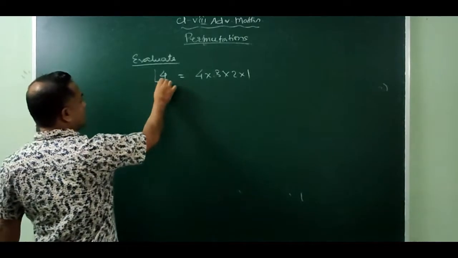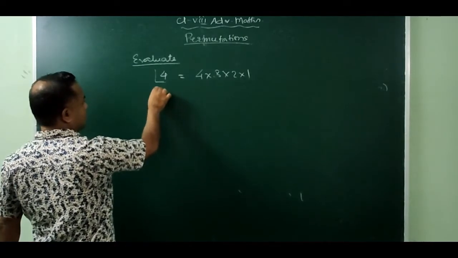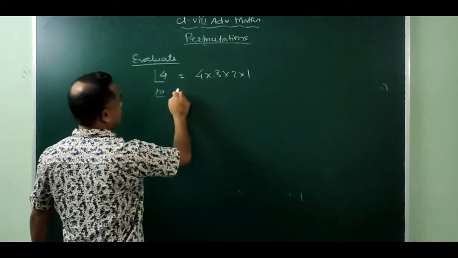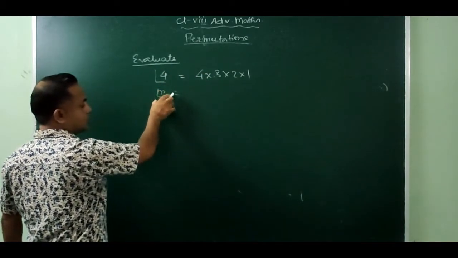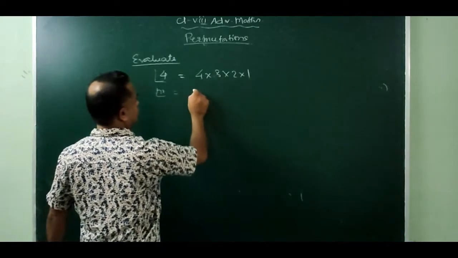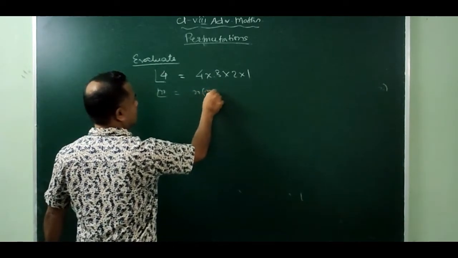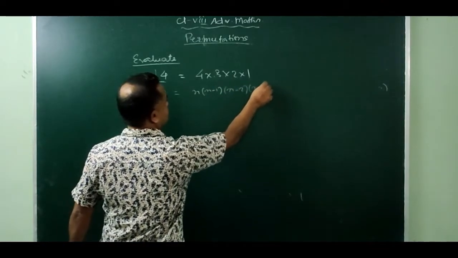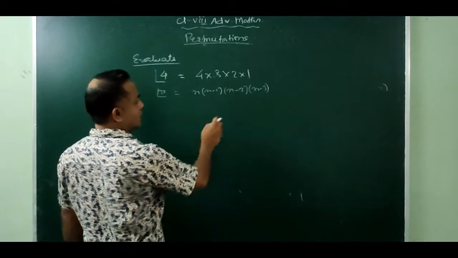For n factorial, when there are 4 factors, then n is equal to 4, that means 4, 3, 2, 1. That is n, n minus 1, n minus 2, n minus 3, like that.